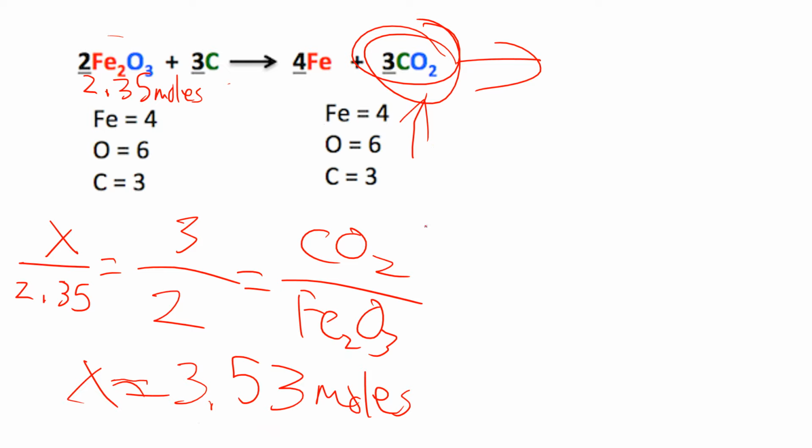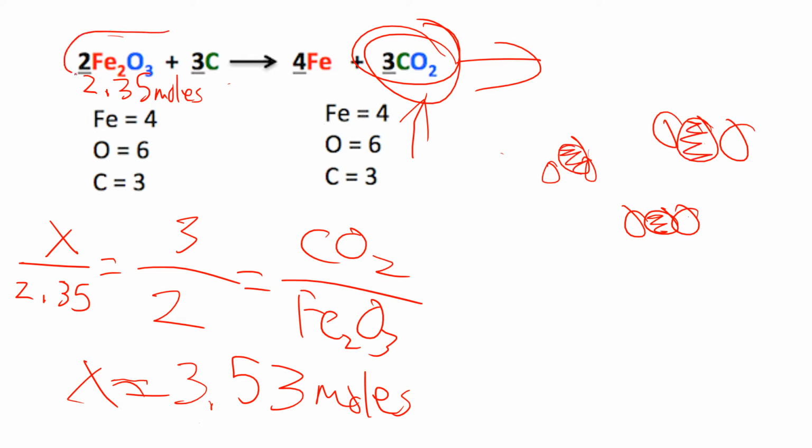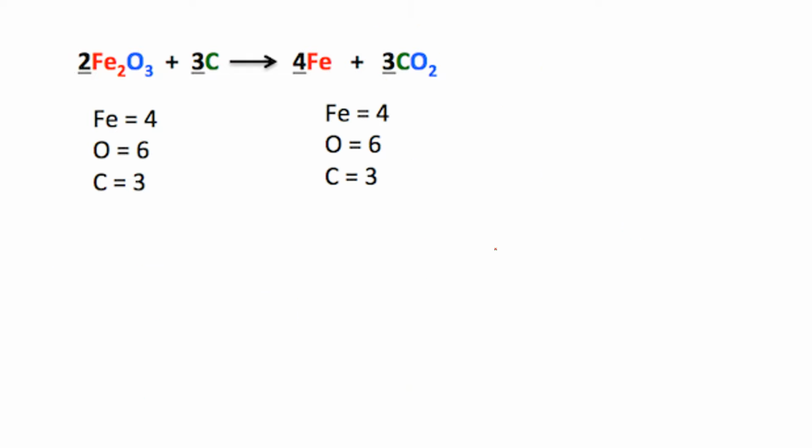And this all just goes down to the simple fact that for every 3 carbon dioxide molecules, you need to have 2 iron oxide molecules present due to the conservation of mass. Or another question, let's say you were able to produce 10.73 moles of iron, okay?